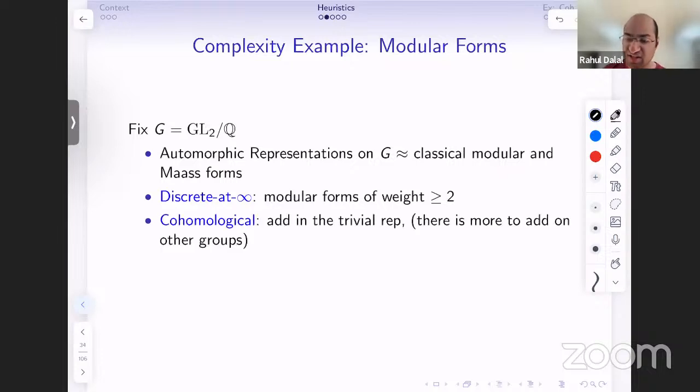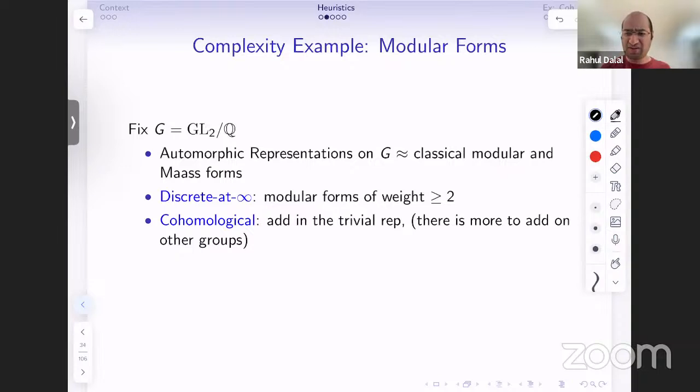Cohomological, unfortunately, is not so much more interesting in the case of GL2. Basically, all you're doing in GL2 is adding in the trivial representation when you include cohomological representations. But that's just an accident of GL2 being very small.